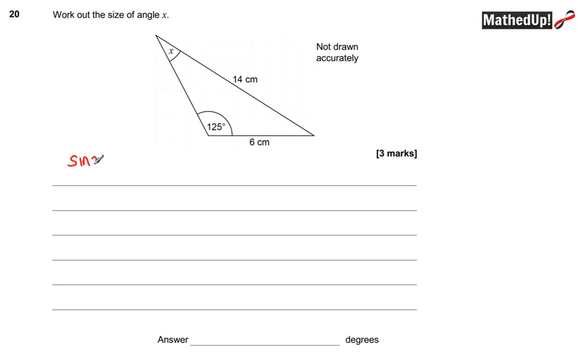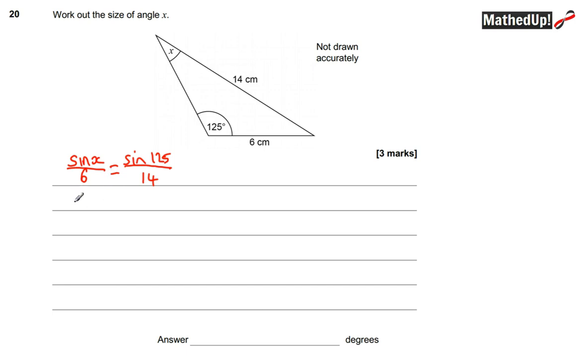put the sine of the angle, and I've got that on the numerator to make things easier, divided by 6. So the sine of the angle X divided by 6 is equal to the sine of 125 divided by 14.